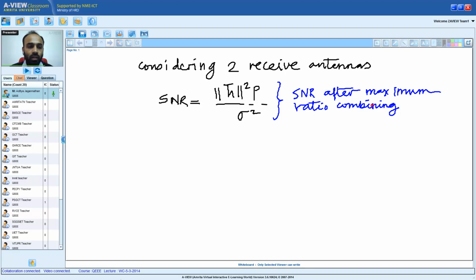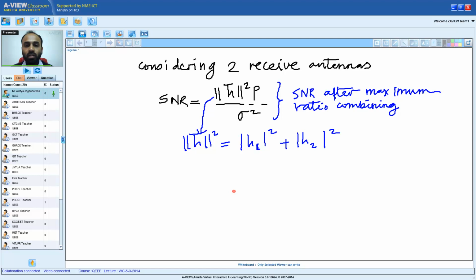Now the other thing is this norm h square. This is equal to magnitude h1 square plus magnitude h2 square, right?